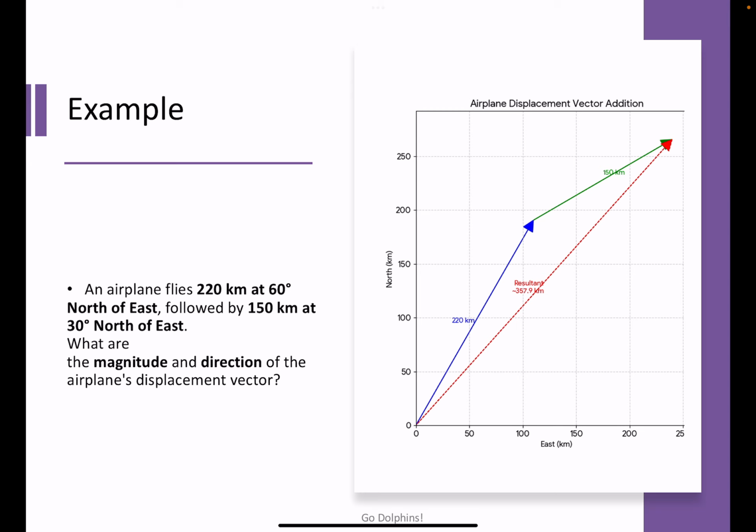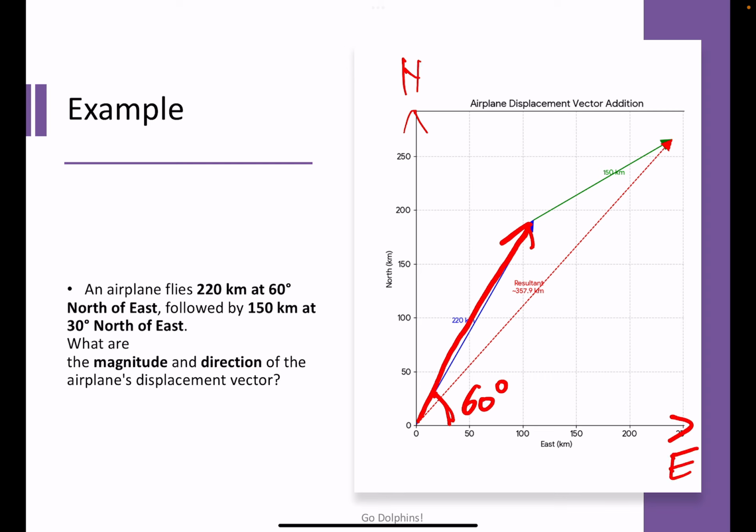which flies 220 kilometers at 60° north of east, which means this angle. So the blue would be our first leg. The angle of blue and east would be 60°. We'll often use x as east, and this is north, northeast.